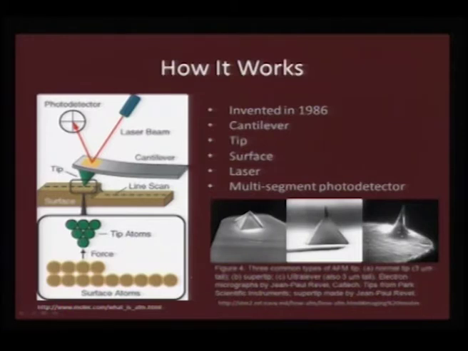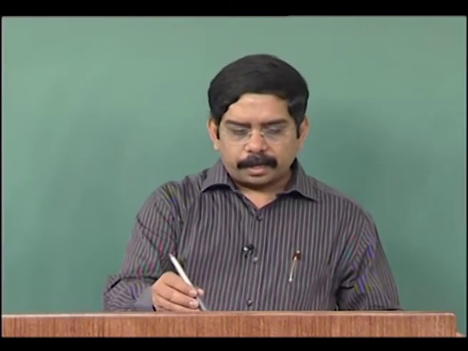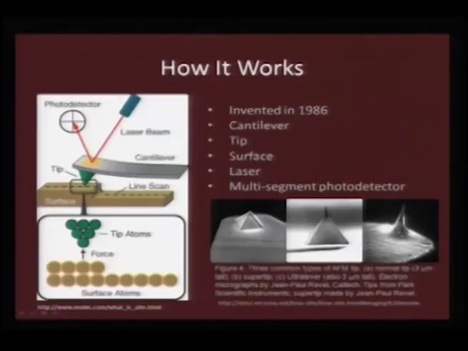Therefore, the same information that you get from STM you can also get out of AFM. The only thing is, here we do not look at the tunneling probability, there is no tunneling here, it is just a simple micro tip scanning across a surface, and the way the topography is contoured here is based on a laser beam deflection which is monitored by a photodetector. So, this is the principle.